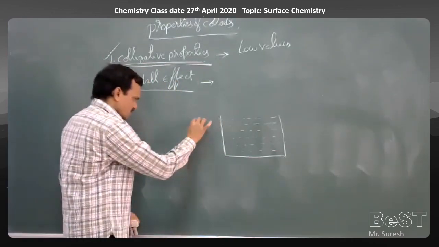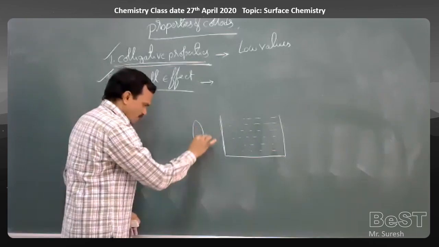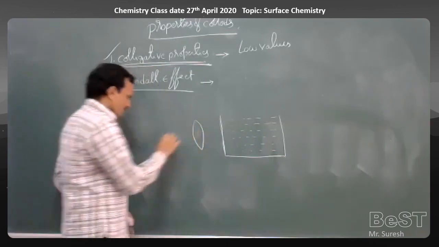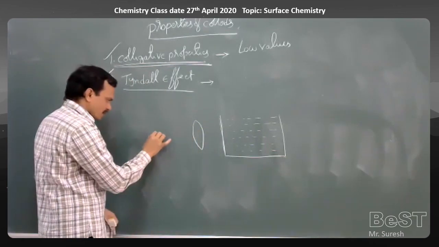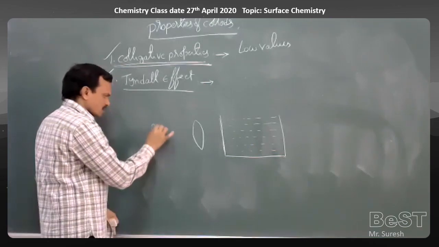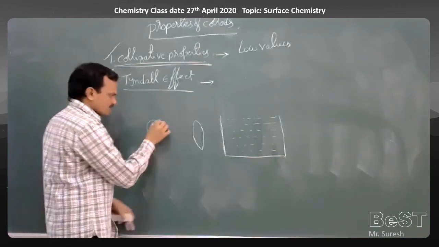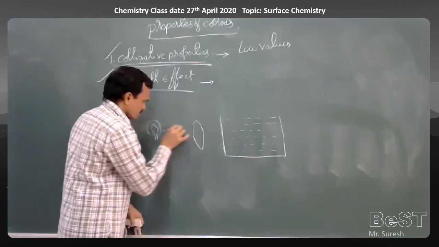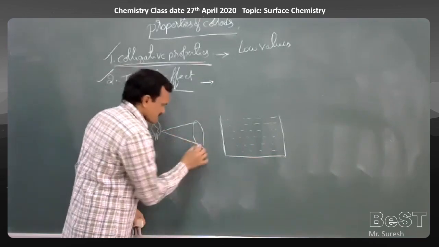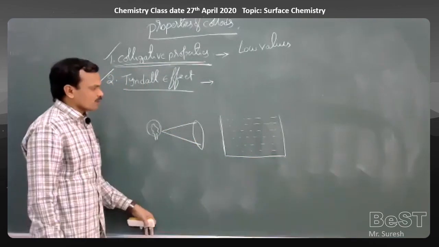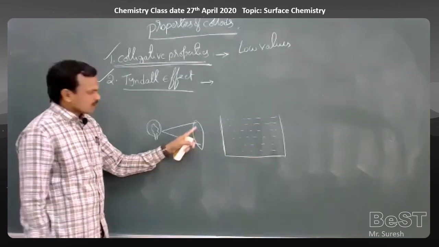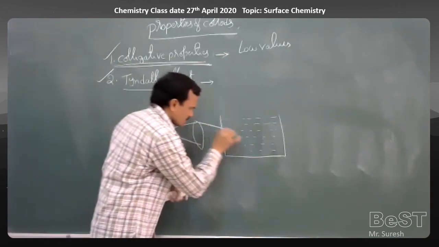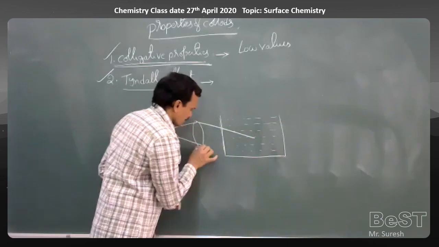Now into this colloidal solution, just pass some light. This is the source of light. From this the light rays will come, and pass these light rays, which are coming out from this lens, through this colloidal solution.